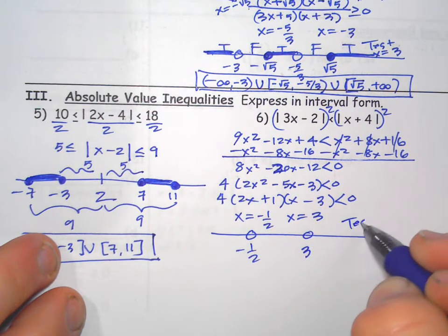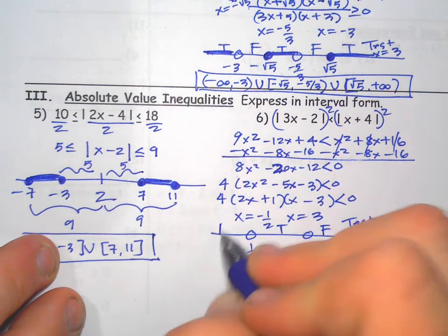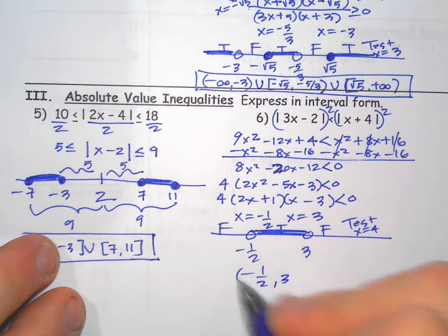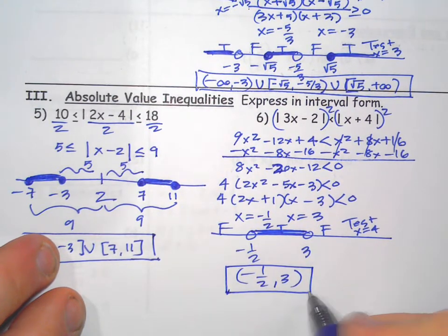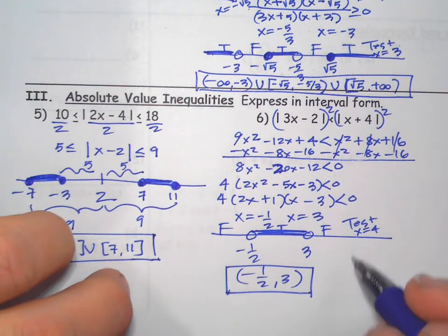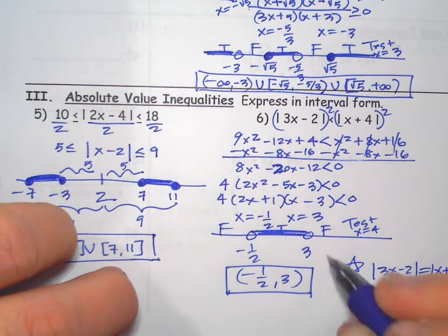Test a point. Tell me what you're testing. False, true, false. Now, like I said, if you had 3x minus 2 equals x plus 4, don't square both sides.